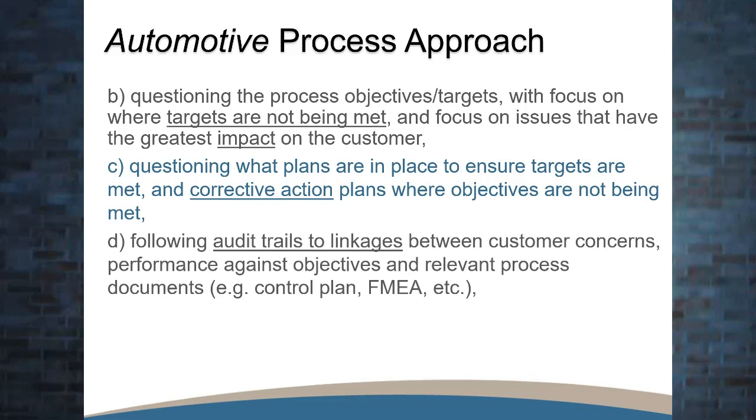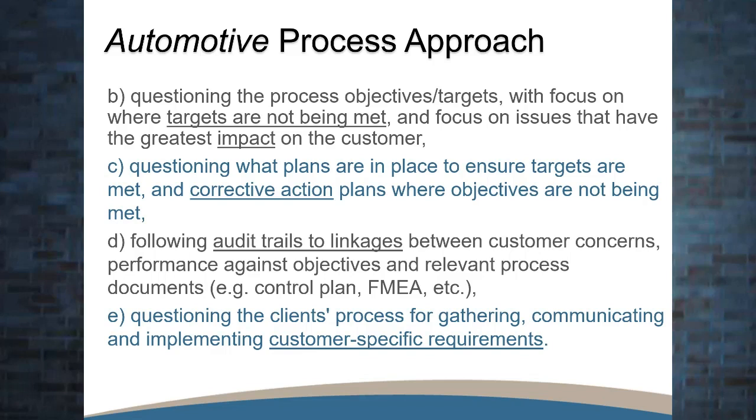Following audit trails to linkages between customer concerns, performance against objectives, and relevant process documents, such as control plans, FMEAs, etc. And finally, questioning the client's process for gathering, communicating, and implementing customer-specific requirements.